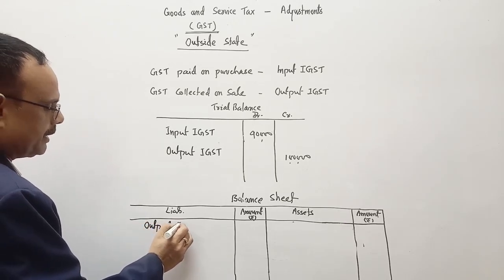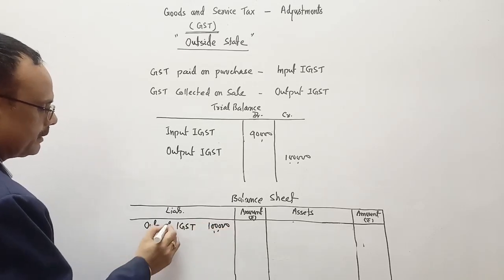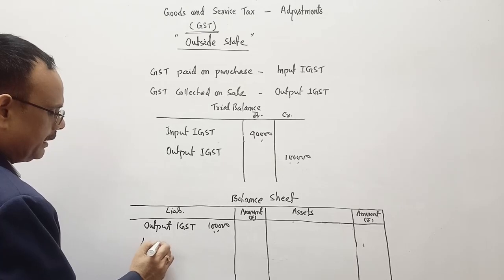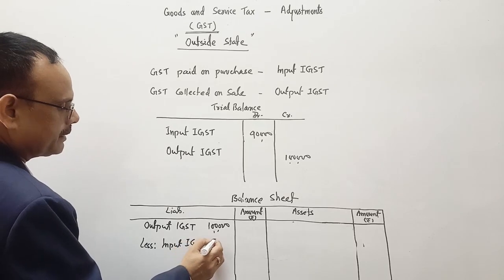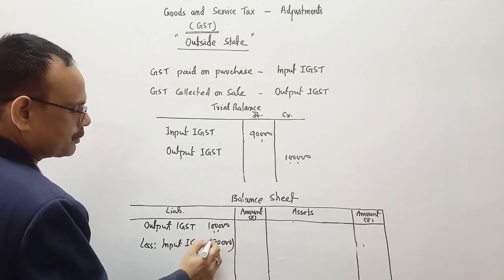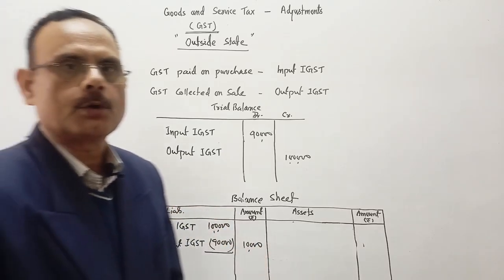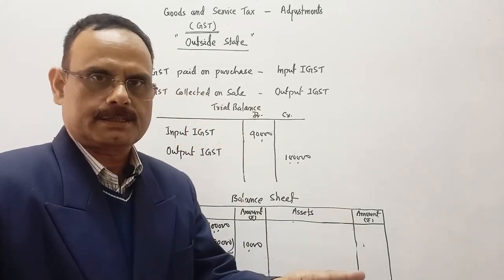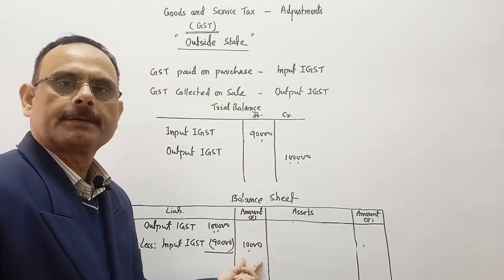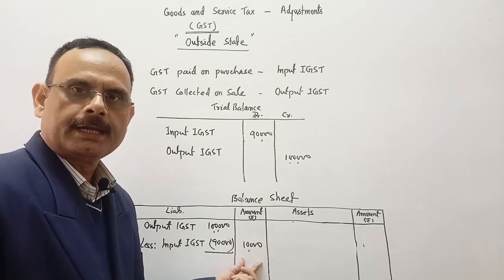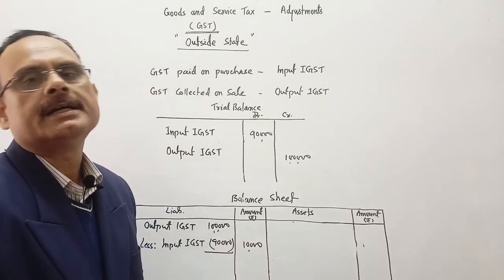Output IGST is 1 lakh, deduct less input IGST, that is 90,000. So 10,000 you write on the liability side because you have collected more and you have paid less. So the amount which is collected more becomes the liability for the business, liability for the company, that will be paid by the company in the next financial year or deposited to the government treasury.